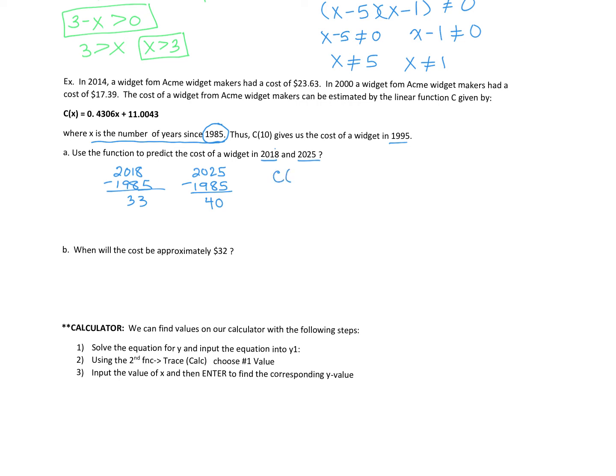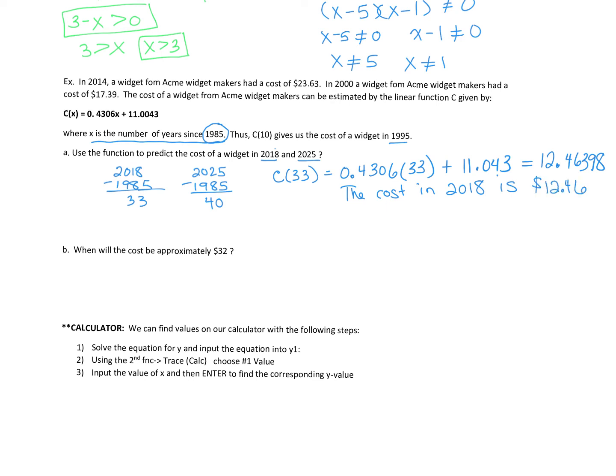So c of 33 would tell us the cost 33 years from 1985, and using our function notation, we would plug that 33 in, and we would get a final answer of 12.46398. So the cost in 2018 is $12.46.